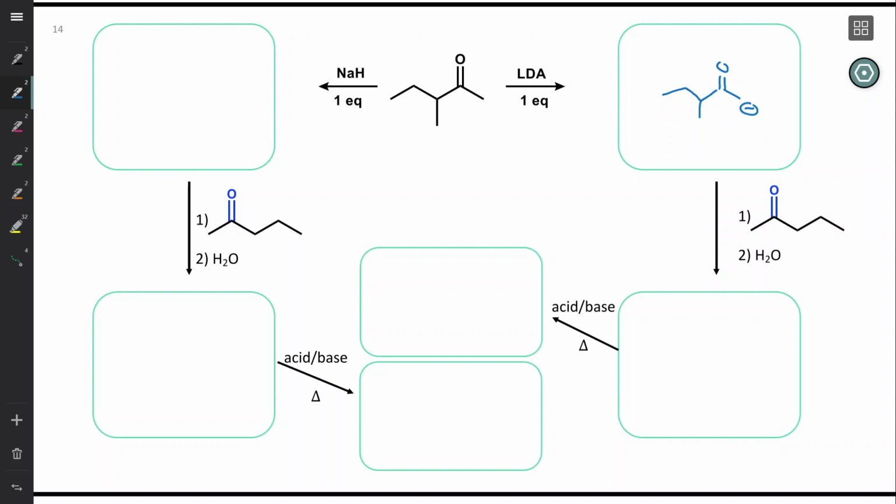Now again, I urge you to redraw your beta hydroxy always the same way. So this is my nucleophile. I'm going to draw it back this way. And now my electrophile had a CH3 and 3 carbons here. 1, 2, 3. Okay, and I had water, so that's why I get my quenched aldol product. Now if I add acid and base, and importantly heat, I can get my condensation product, and that looks like this.